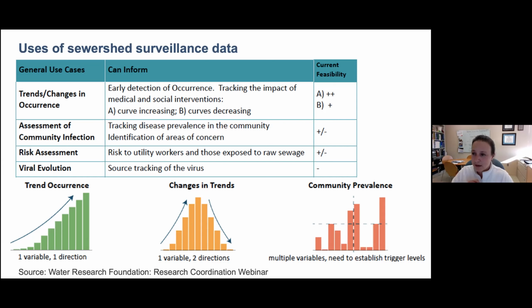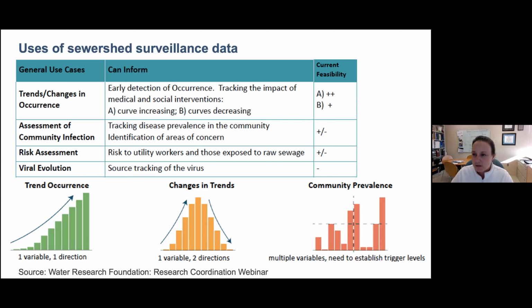I can write out the calculation of how I would go from concentration to number of infected people. And if I put error bars around that, you lose, I think, the public health meaning of it, because there's a lot of uncertainty.